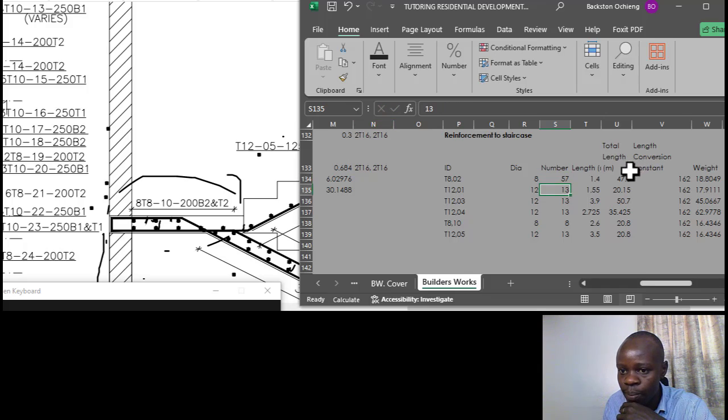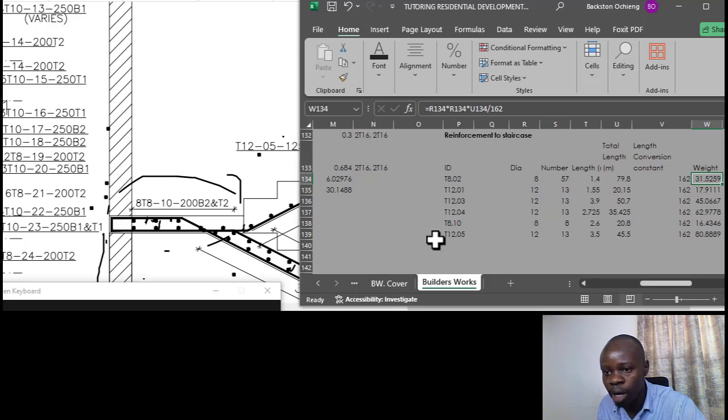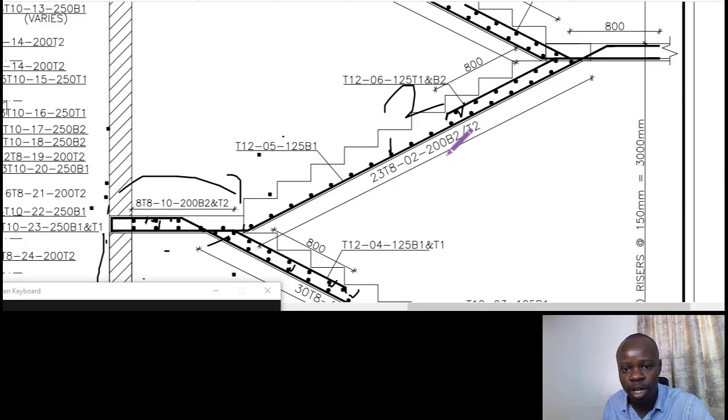Length is the same, total distance and everything, so the formula is going to reflect on itself once we've added that particular length. This is the essence of normally arranging your work in that manner. When you do so, it's easier to carry out those works, because whenever you see the mark is similar, then it's most likely that the length is typical. So just add the number.